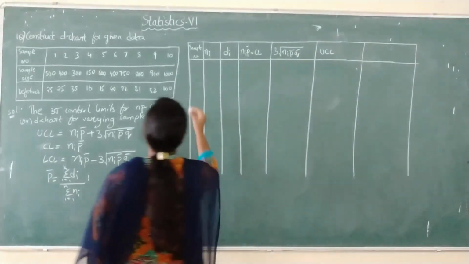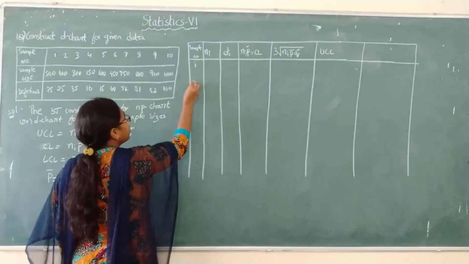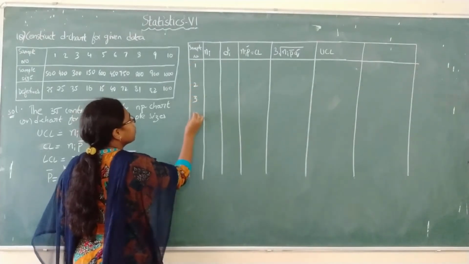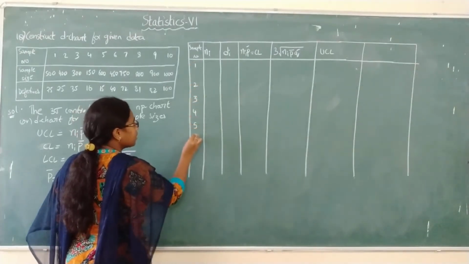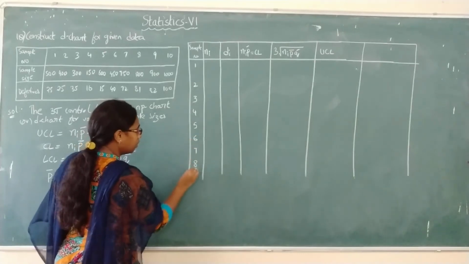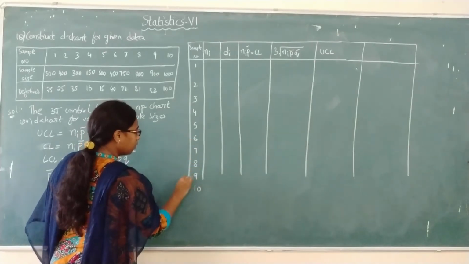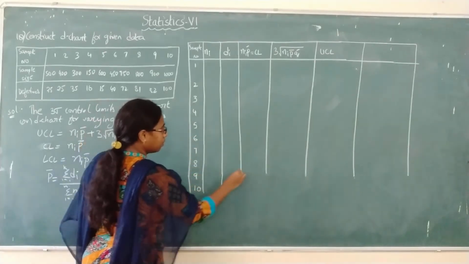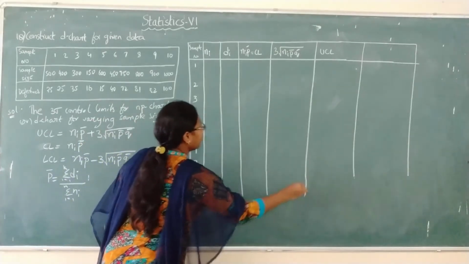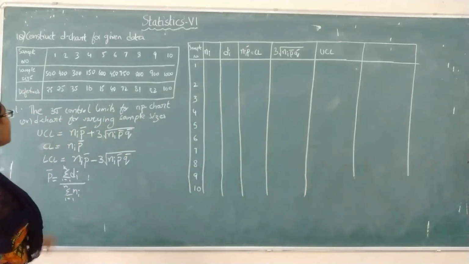So write down the sample numbers, 1, 2, so total 10 samples. Next you write the sample sizes, Ni values.